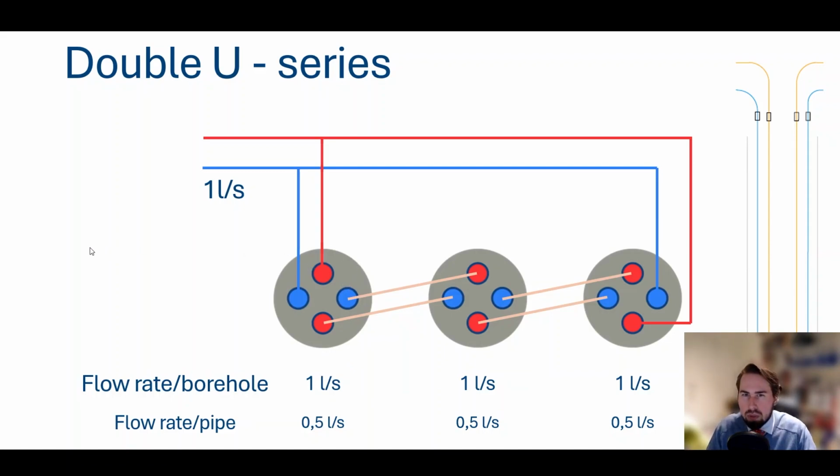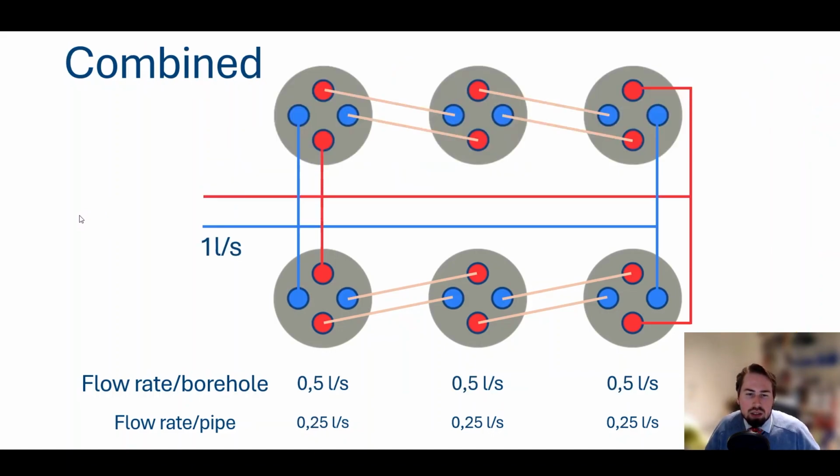So these are the 4 basic hydraulic principles when it comes to the hydraulic design of the bore field itself. But now let's look at a more complicated example. So here we have still the same system, 1 liter per second, but now we have 6 boreholes connected to it. And those 6 boreholes have double U-tubes, but they are also connected partly in series and partly in parallel.